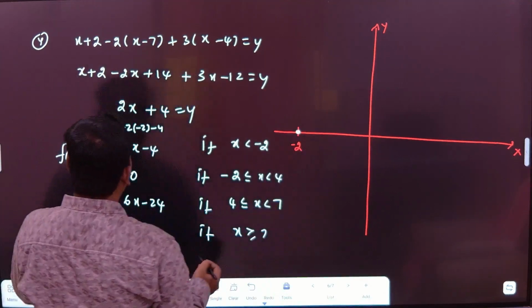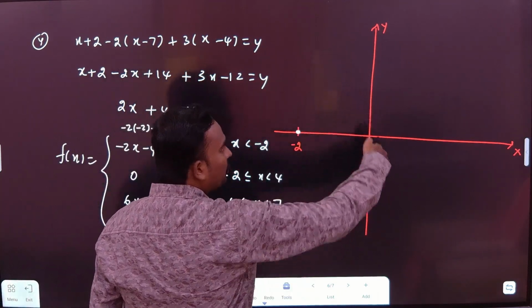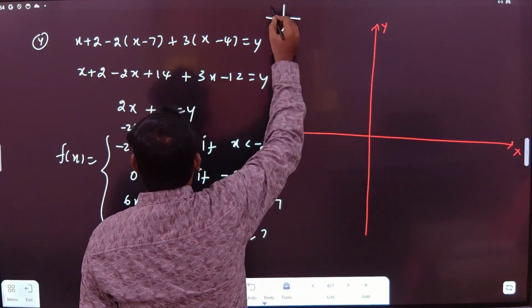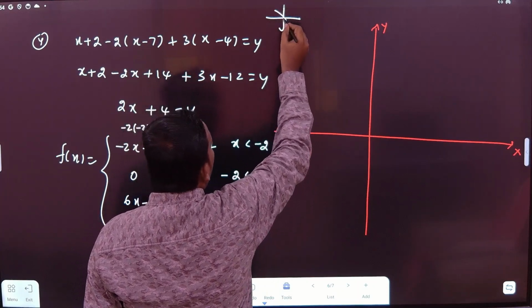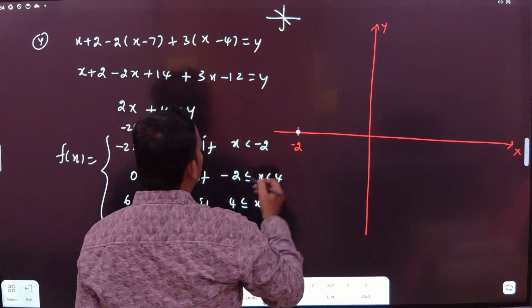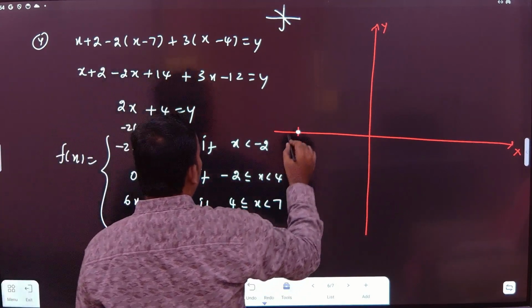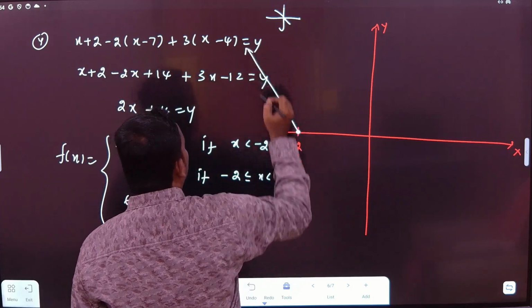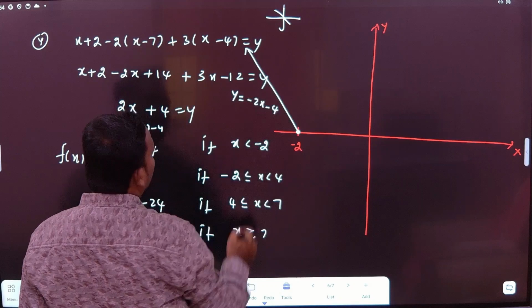So the graph is minus 2x, just shifted 4 units down. So you have to take from less than minus 2, and the graph will be like this. This is y is equal to minus 2x minus 4.